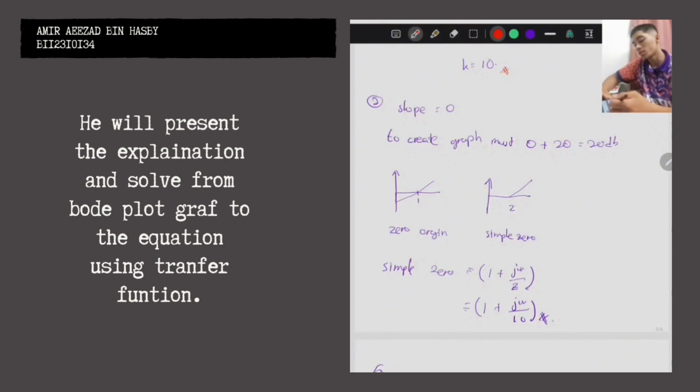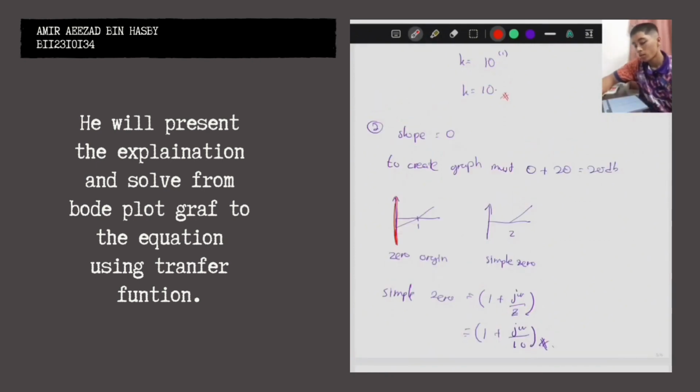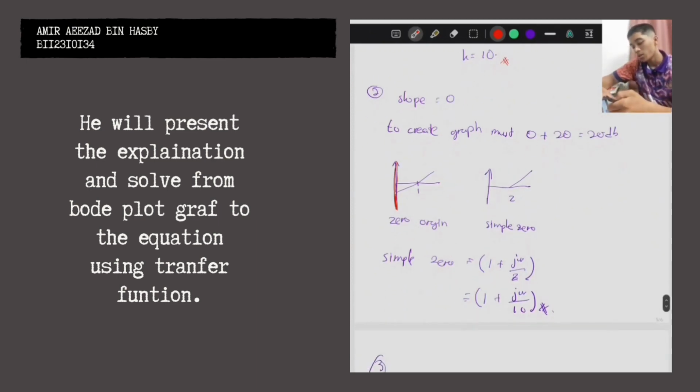We refer to the transfer function graph. You can see that for a zero origin, the graph begins from the y-axis, which is the dB axis.